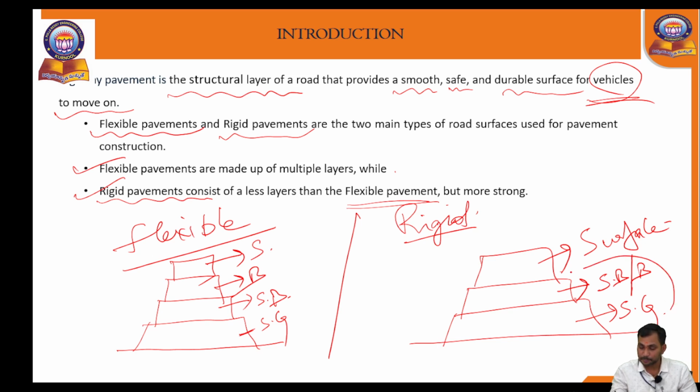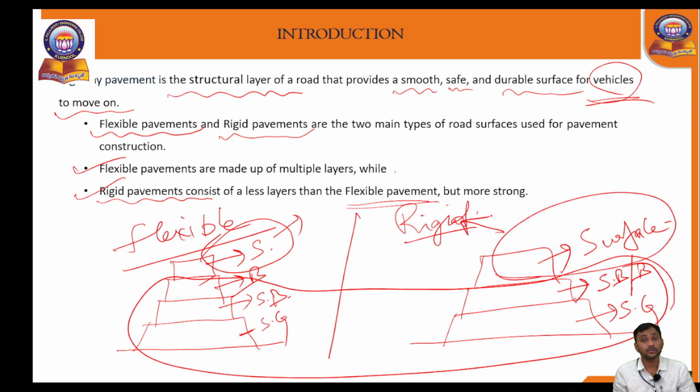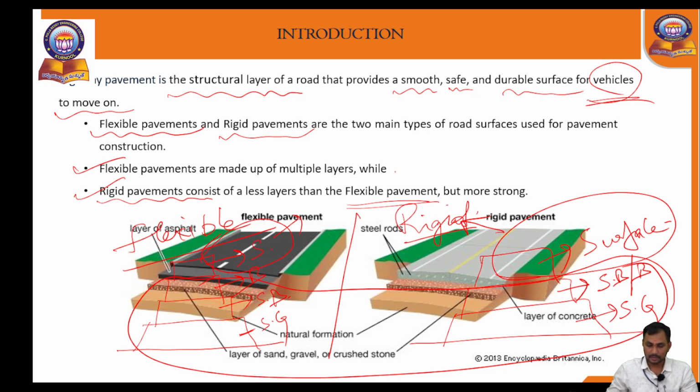The construction process of these layers is the same, but for the surface layer of flexible pavement we use tar roads, asphalt roads, bitumen roads. For the surface layer of rigid pavement, we observe cement concrete roads, which we will discuss next.